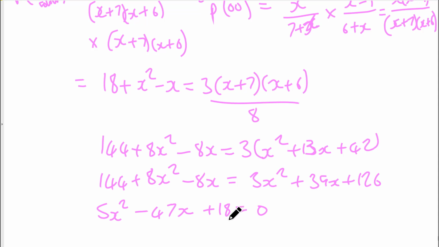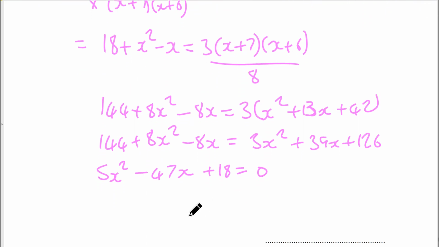So you could factorise this or use the quadratic formula, whatever way you prefer. I know it's going to be 5x here. There's going to be an x here, plus 2 and 9.